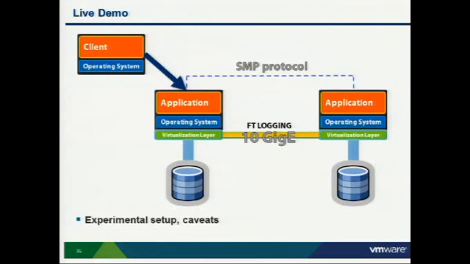We're going to cause one of the hosts to come down, and it will instantly transition to the other virtual machine. Now, I should say this is a sort of experimental setup. There are some caveats. It's a prototype, so we'll see what happens. So I need to switch over to here, and we'll see what happens.